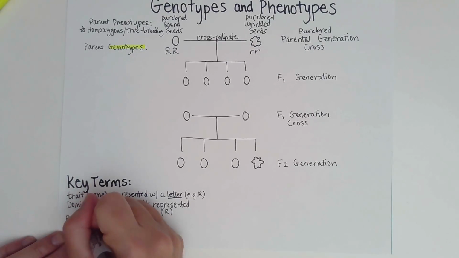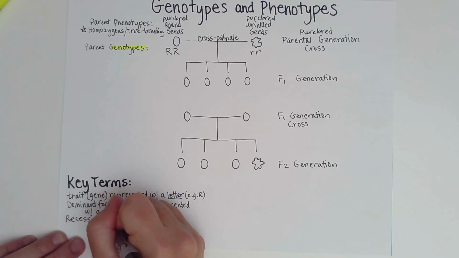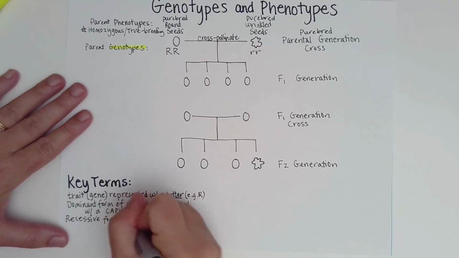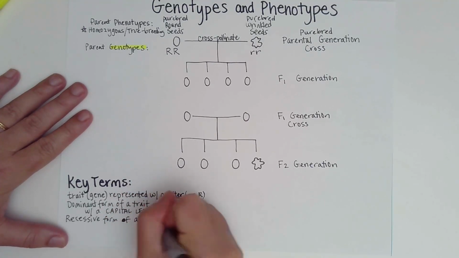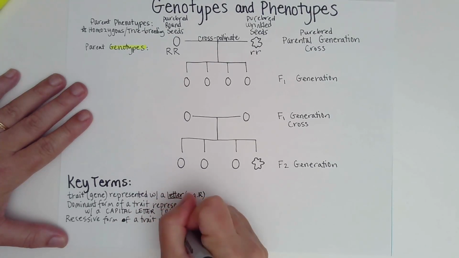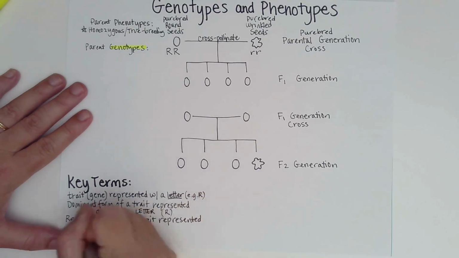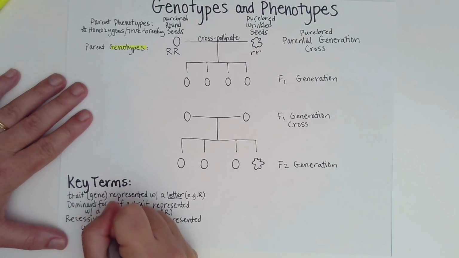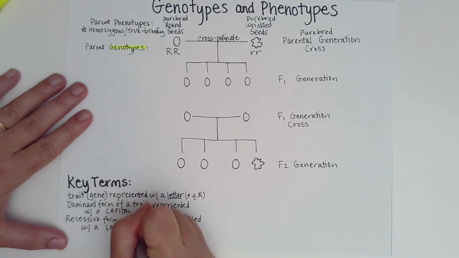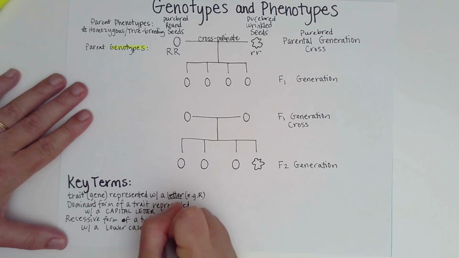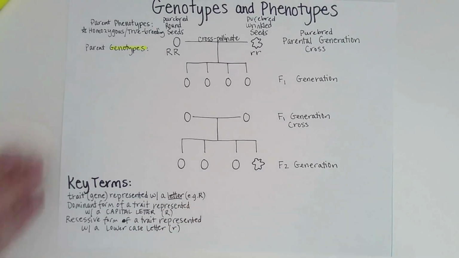whereas the recessive, that's the wrinkled form, the recessive form of a trait, is represented with a lower case letter. And in this case, then it's little r.